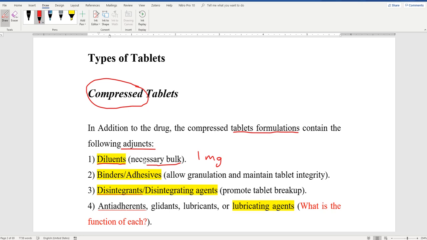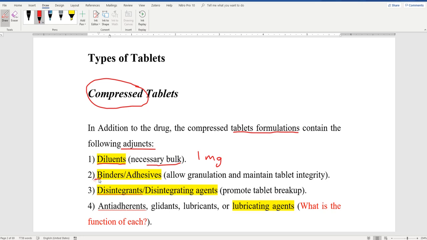But when we talk about diluents, we are using them in higher quantities, sometimes even much more than the drug itself. So we are increasing the bulk of the powder, allowing the machine to be able to deal with the formulation. Also, the diluents will improve the properties of the powder in terms of its flow and compressibility.